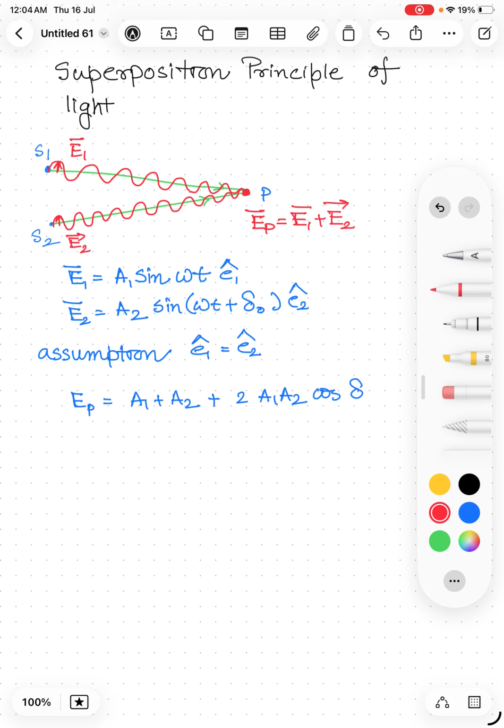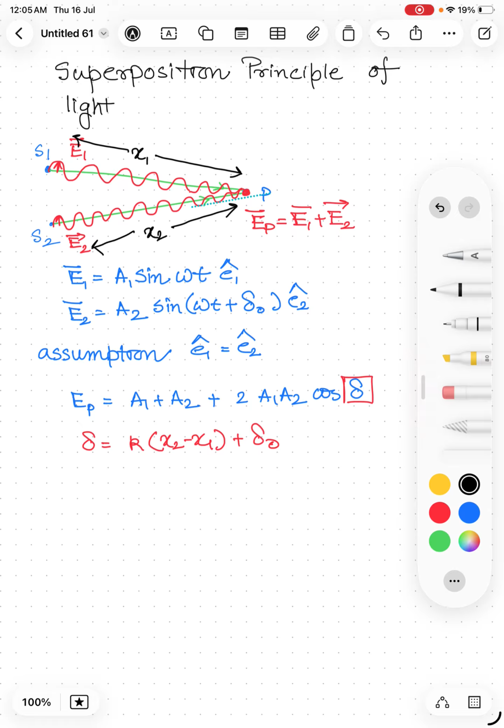In that delta, we have the information. What is delta? Delta equals k into x2 minus x1 plus delta naught. What are x2 and x1? This length is x1, this length is x2, and from there I have got this.